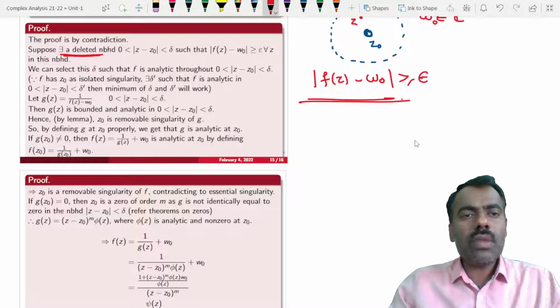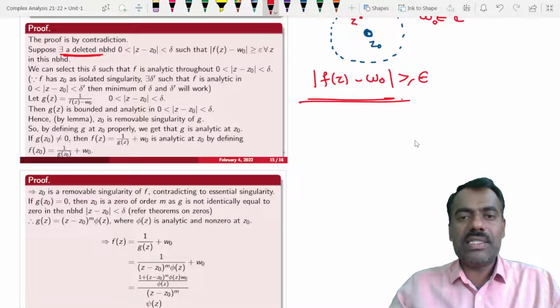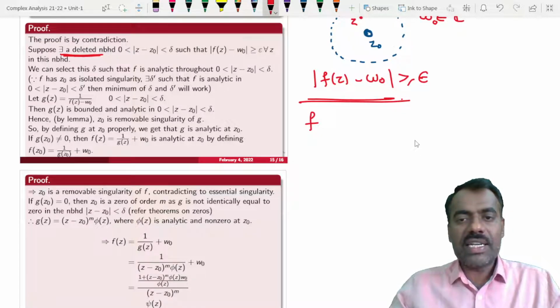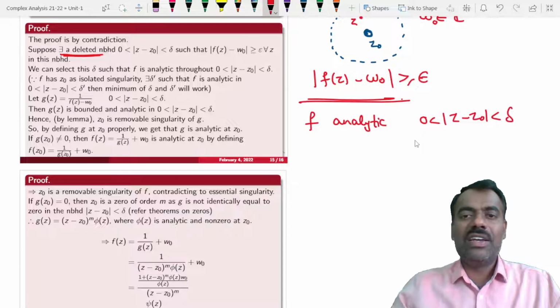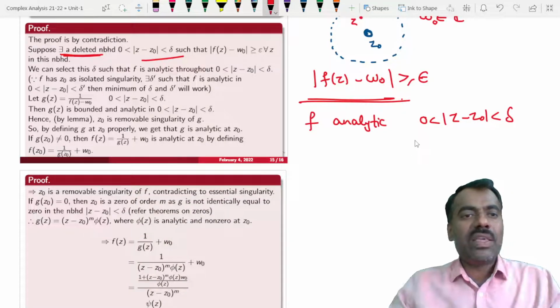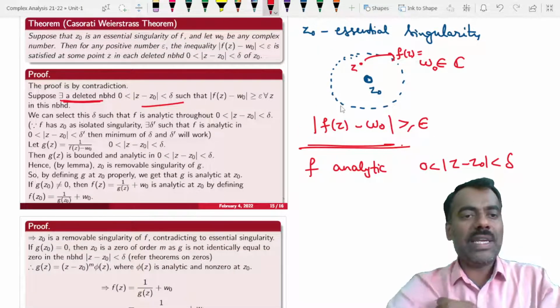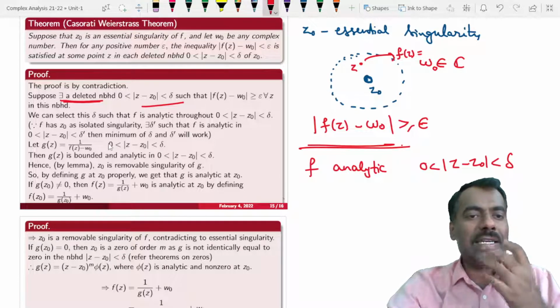Now of course we can select this delta such that f is analytic throughout the deleted neighborhood mod z minus z naught less than delta. Why? Because z naught is an essential singularity, therefore it is an isolated singularity.